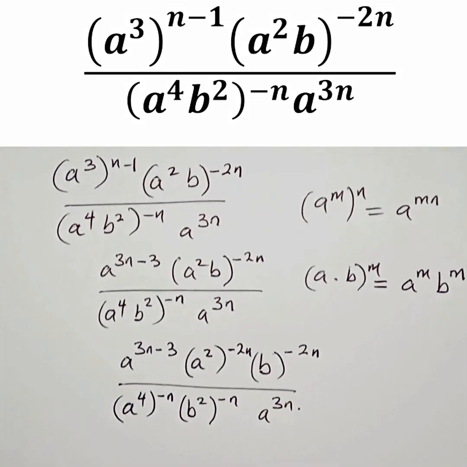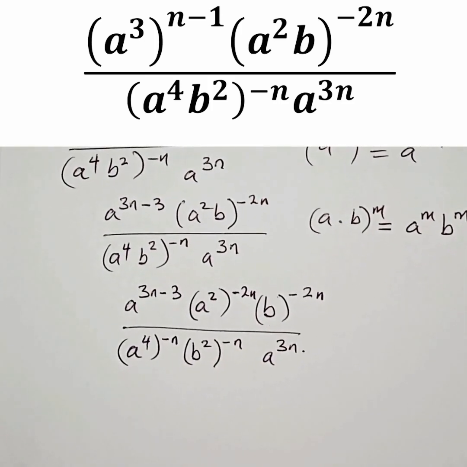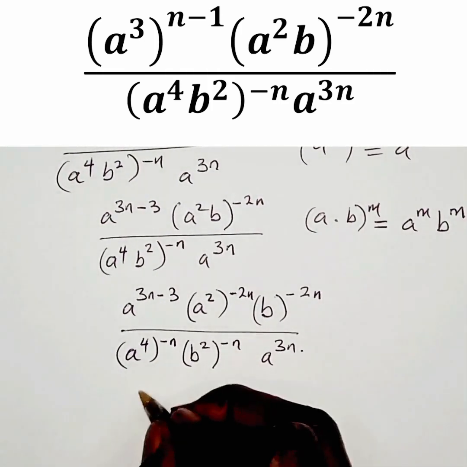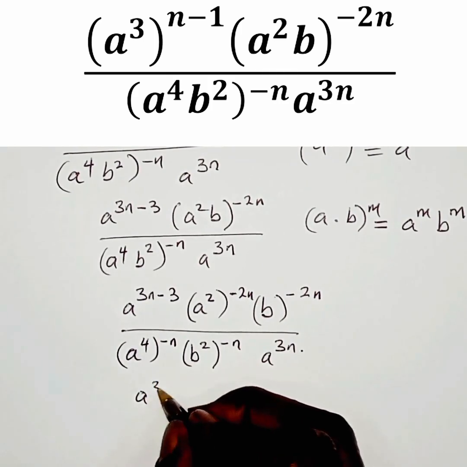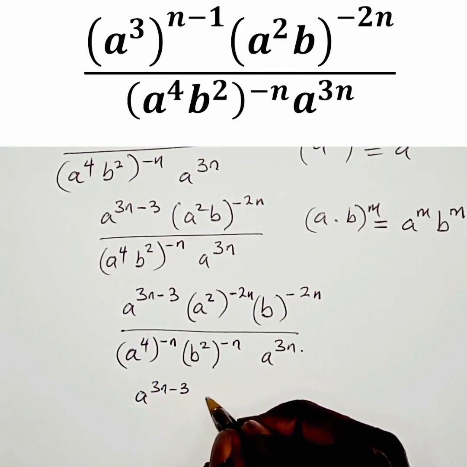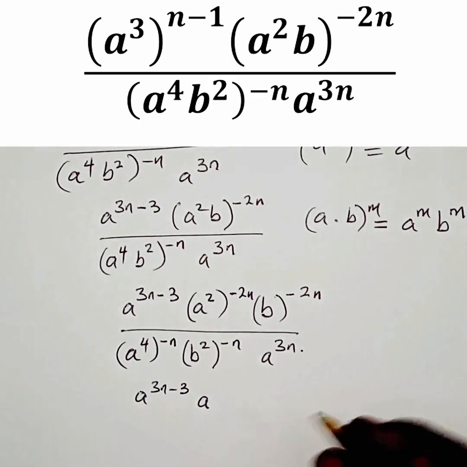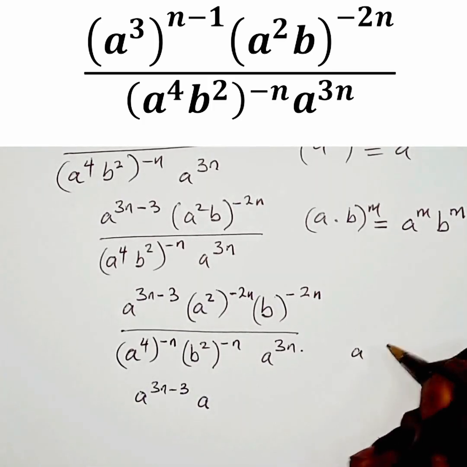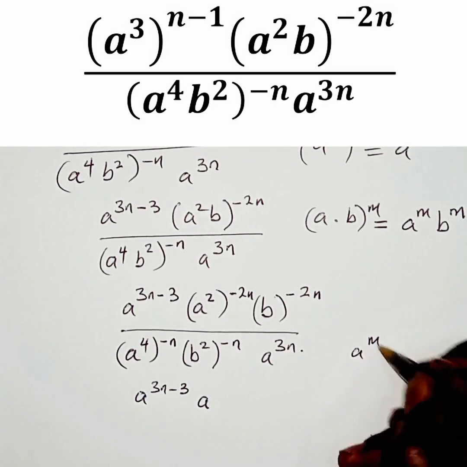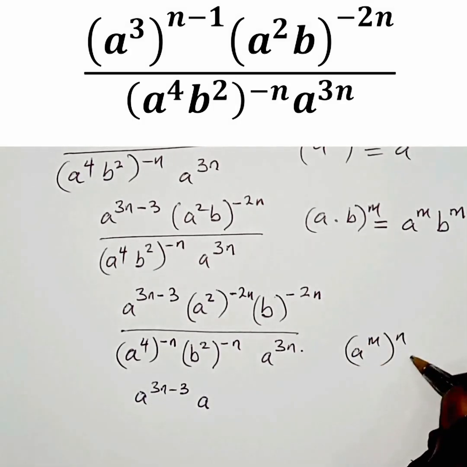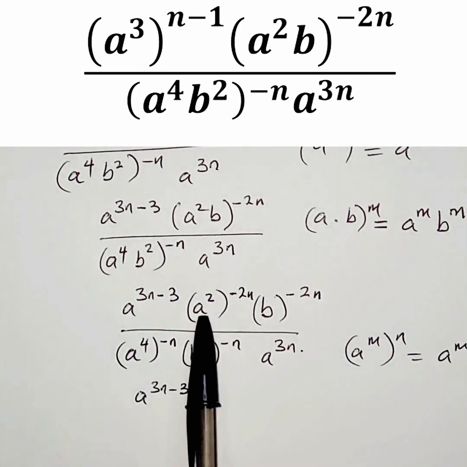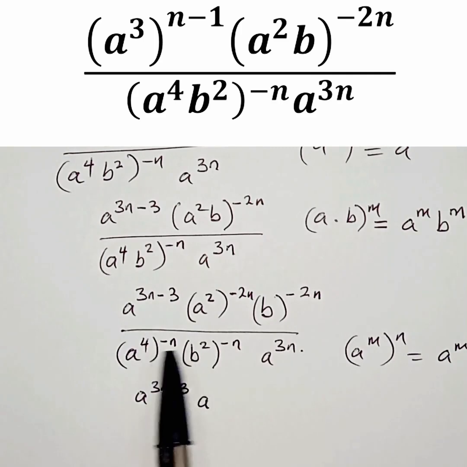Okay, now let's simplify what can be simplified. We are going to have a^(3n-3). Remember, again, we use that law. I've just written it up there: (a^m)^n is equal to a^(mn). So we're just going to use it here, there, and there, and there.